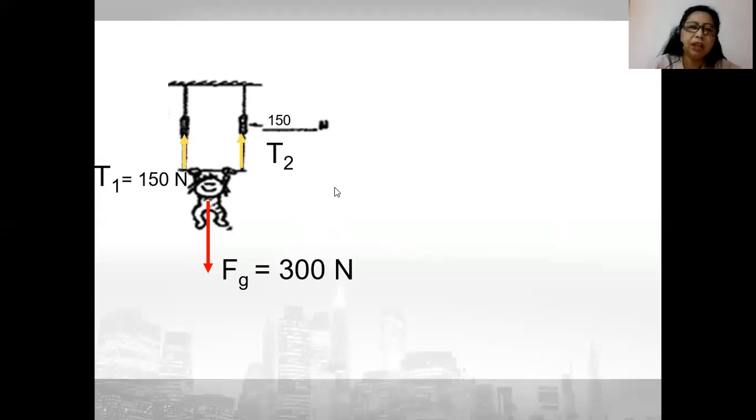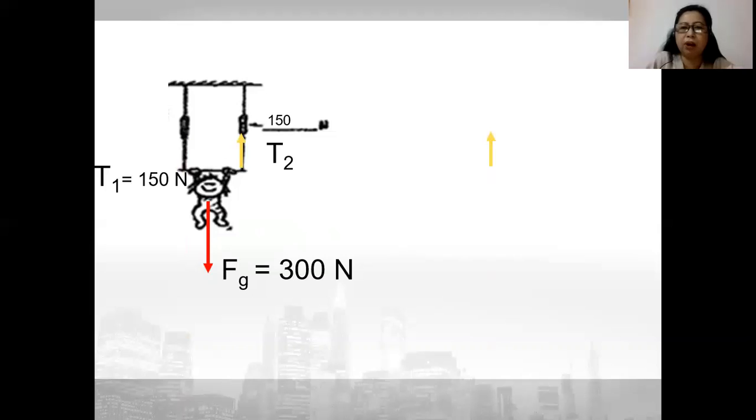So, if you represent these forces in terms of force vectors, with a scale of 1 centimeter is to 100 Newton, you will represent this with 3 centimeters to represent 300 Newton. How about this one? So you will represent this with 1.5 centimeters, 1.5 centimeters. How are we going to prove that it is correct? So you draw your force diagram or your free body diagram.